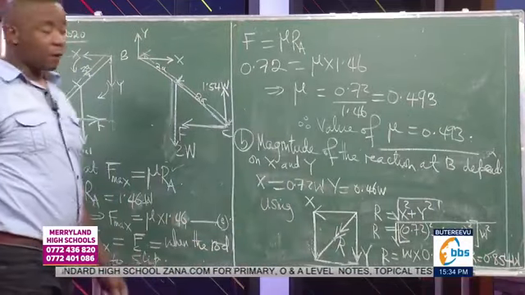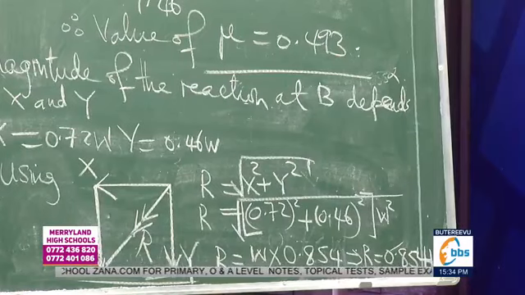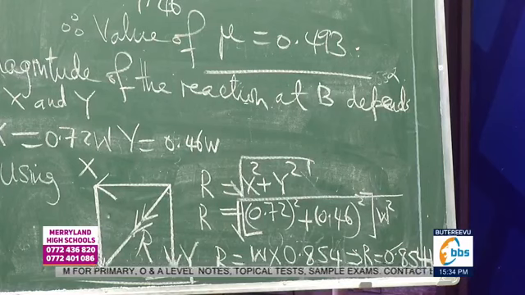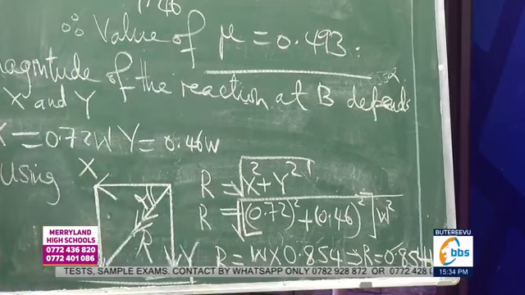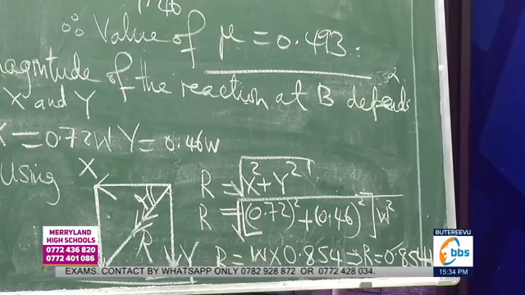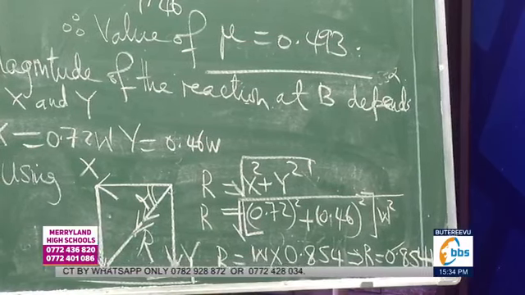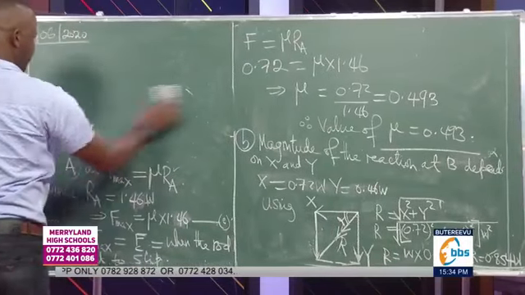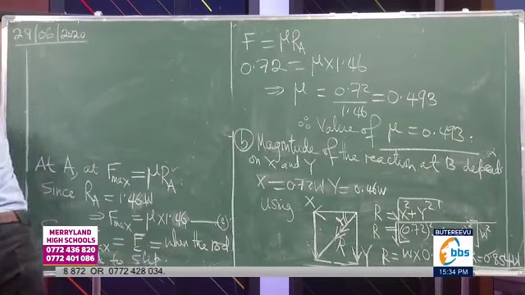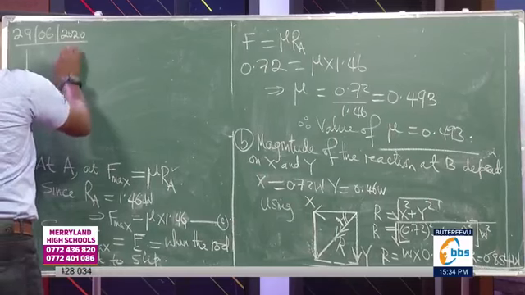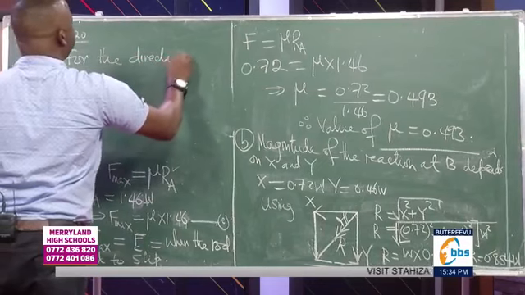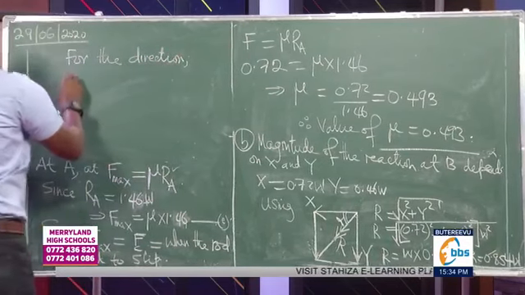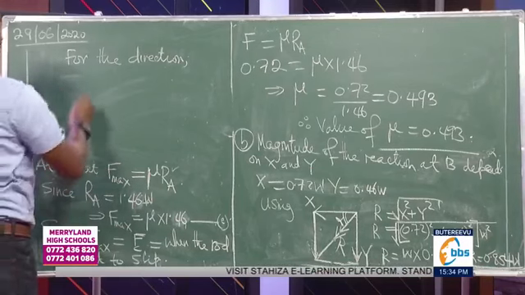But usually, because force is a vector quantity, we must specify the direction. If we call this direction alpha, it is important that we get the value of alpha. Now I can comfortably remove this and finalize our working. For the direction, alpha, we take the tan.